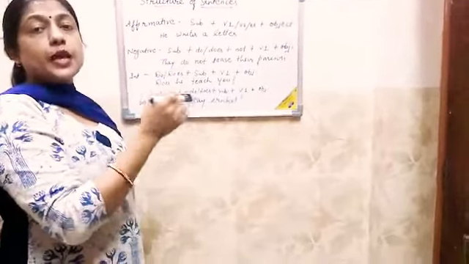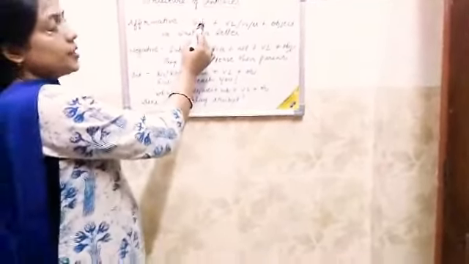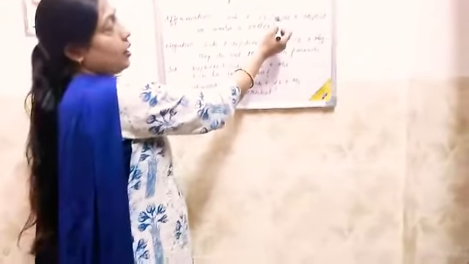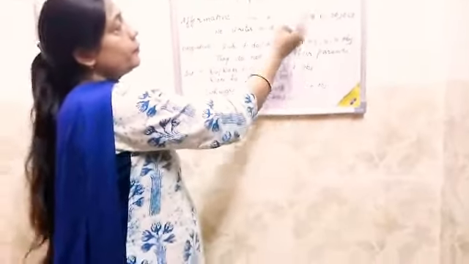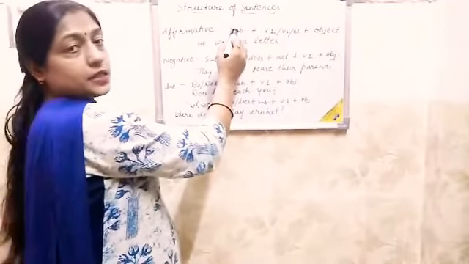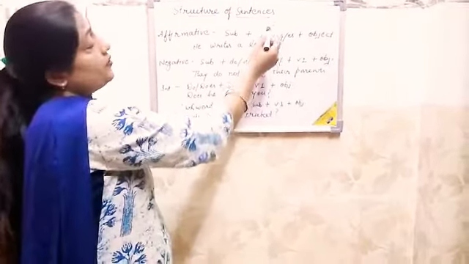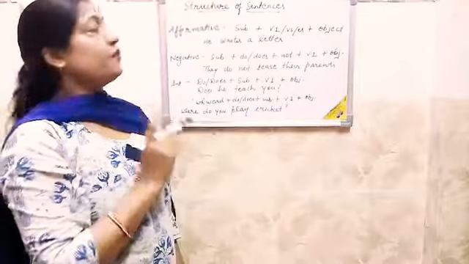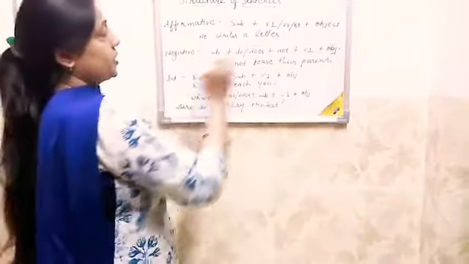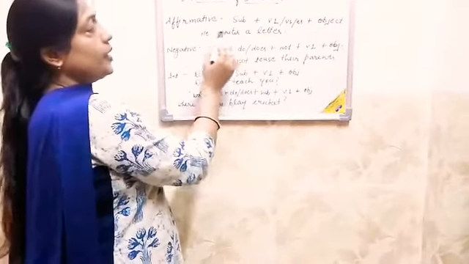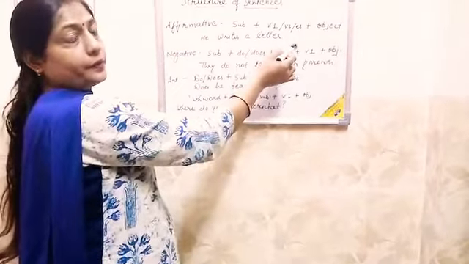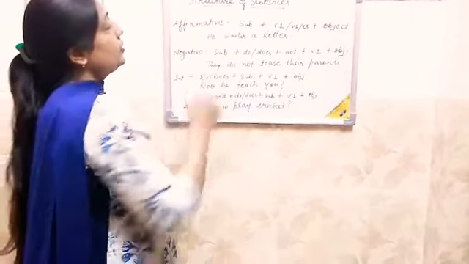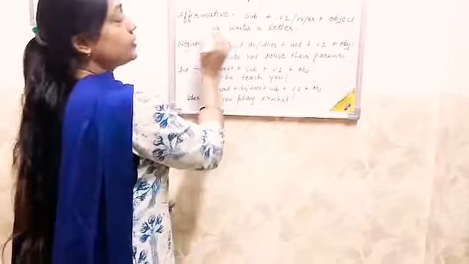So when to use S or ES with the verb? When the subject is singular, we use S or ES with the verb. Or when the subject is plural, we use the first form of verb, then object. For example, he writes a letter. Here the subject is he. That is singular.